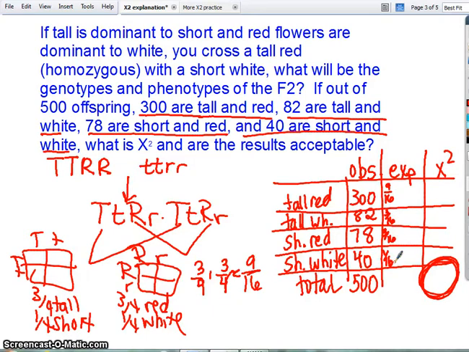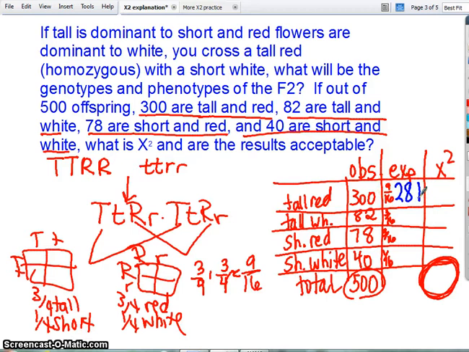Now be careful and make sure you use the total, 500. So I need to know what 9/16 of 500 is, which comes out to 281.25. It's okay to round because you technically can't have a quarter of a plant, so we're just going to say 281.